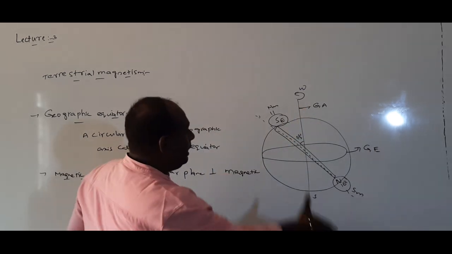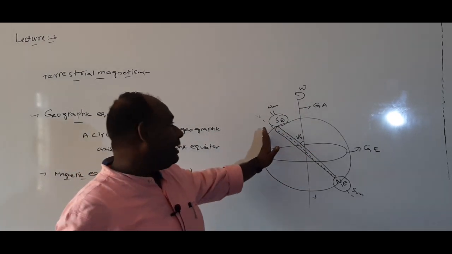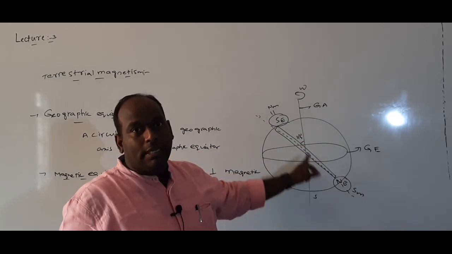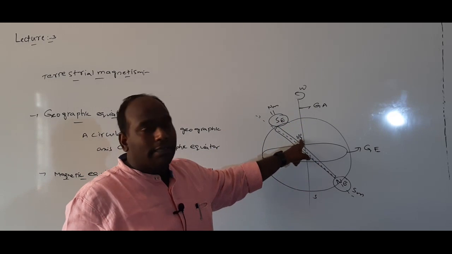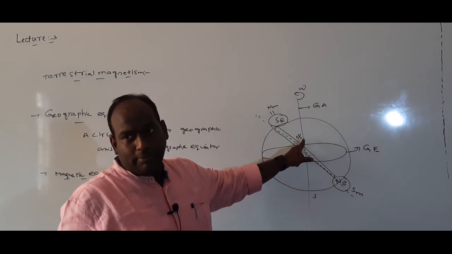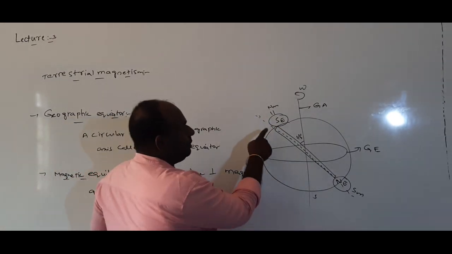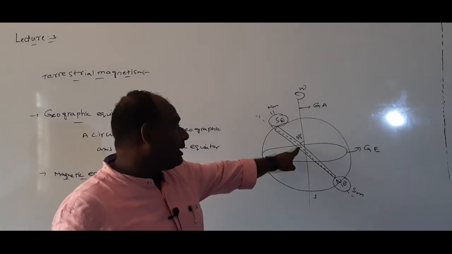In the same manner, the earth acts as a bar magnet. Here the earth's magnetic axis is not along the geometric axis. The magnetic axis of earth is inclined at an angle of about 11 degrees 3 minutes.